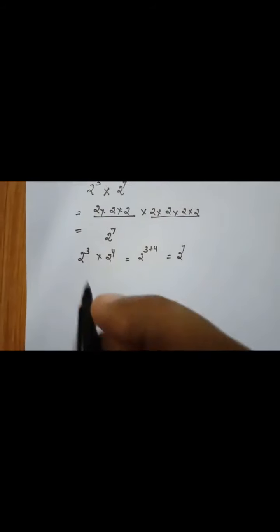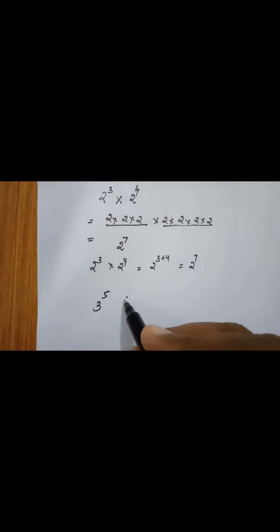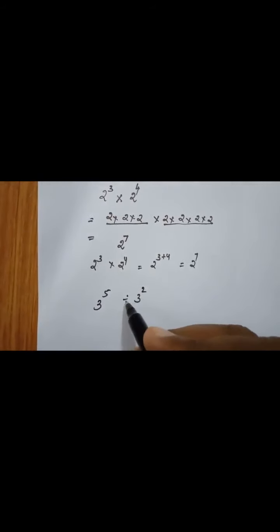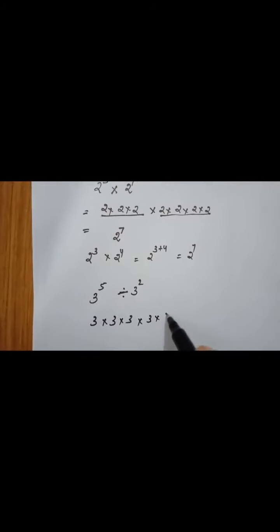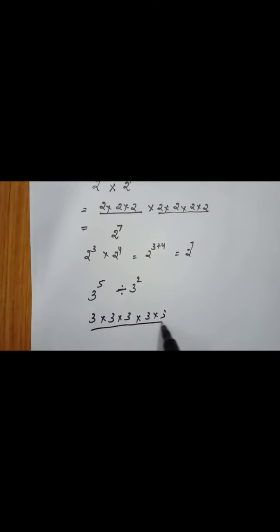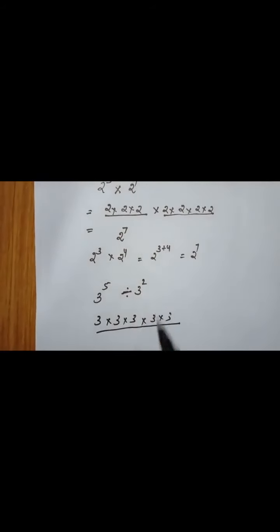Now next we are going to divide, say, 3 to the power 5 divided by 3 to the power 2. Now 3 to the power 5 means 3 multiplied 5 times, divided by 3 to the power 2 means 3 multiplied 2 times.